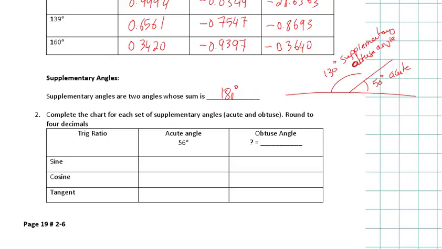Okay? If I have an angle of 120, so that's an obtuse angle, 60 is its supplement. So what do we call it? Supplementary what? Acute.